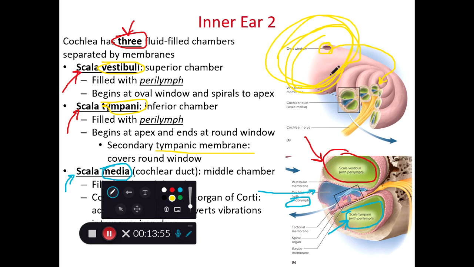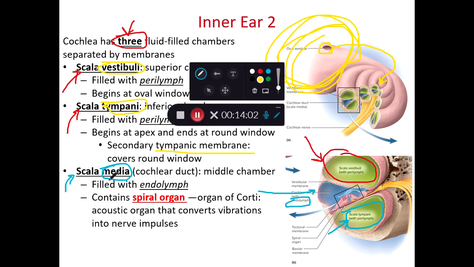Hence this name, scala vestibuli. Scala media is a very straightforward name. It's the middle of the 3 membranes.